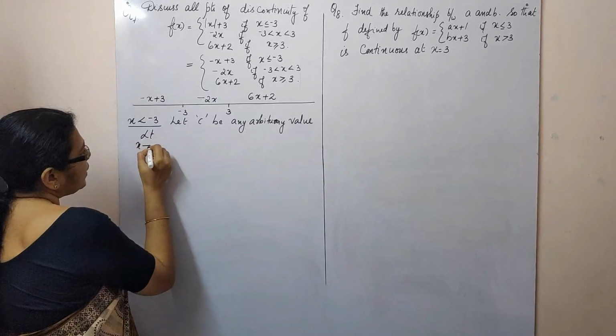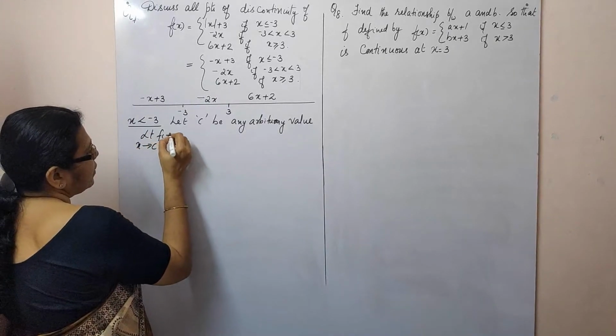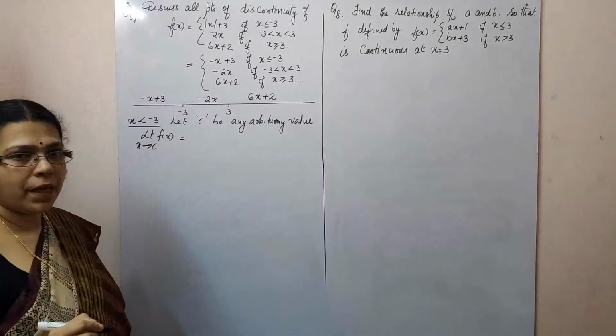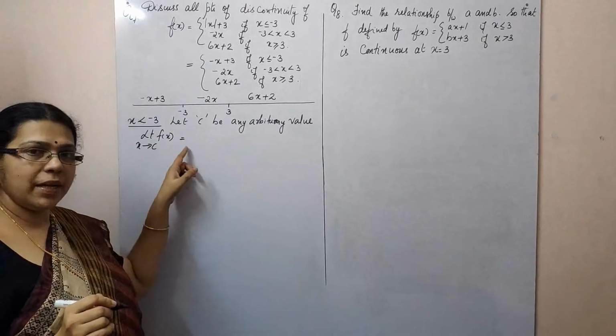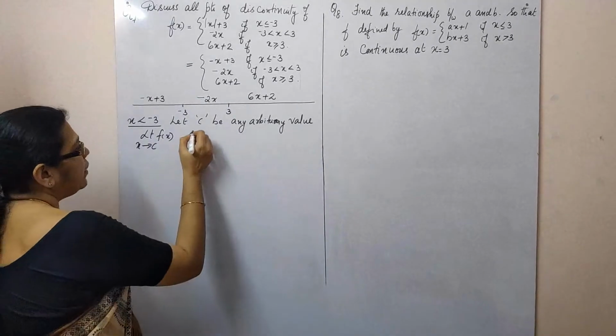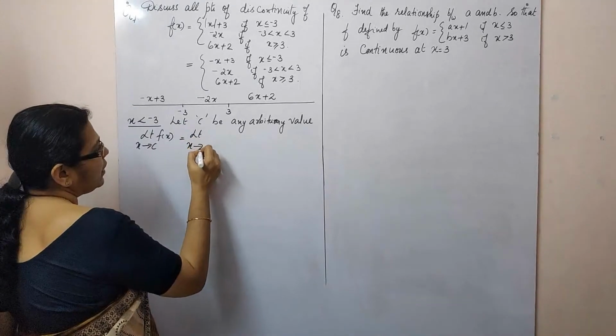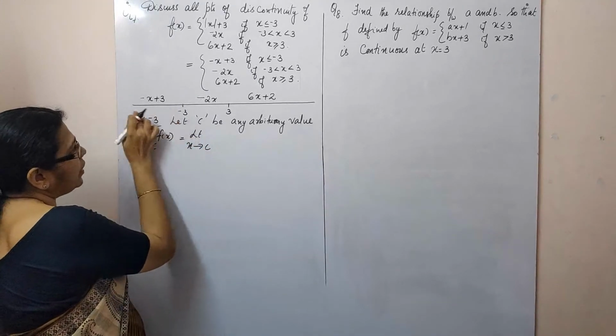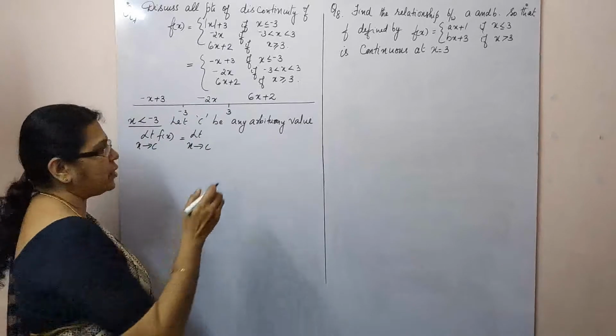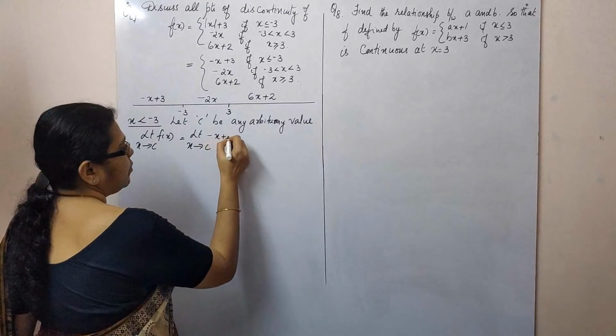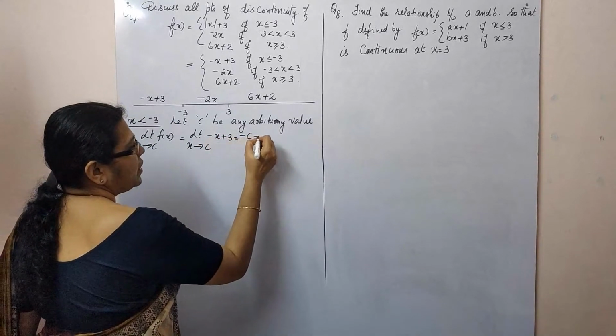Then, limit x tends to c f of x is equal to what? I need to check the limit as x tends to c as well as f of c. Anywhere over here, the function is minus x plus 3, that is minus c plus 3.